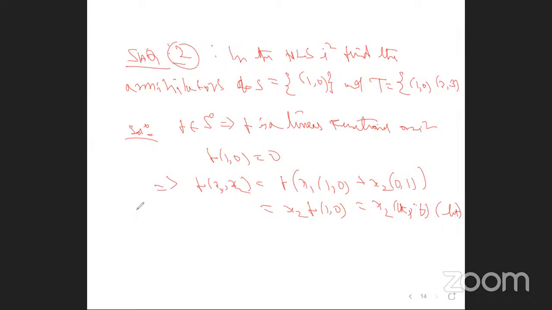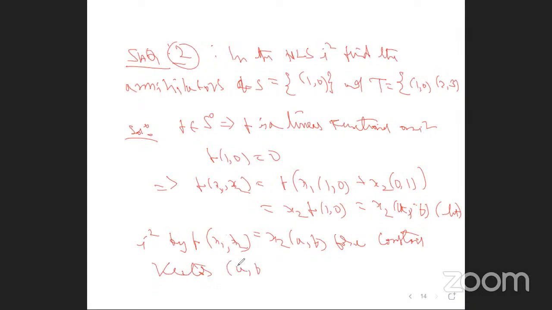Conversely, any function f defined on R square by f of (x1, x2) equal to x2 times (a, b) for a constant vector (a, b) is a linear functional on R square.